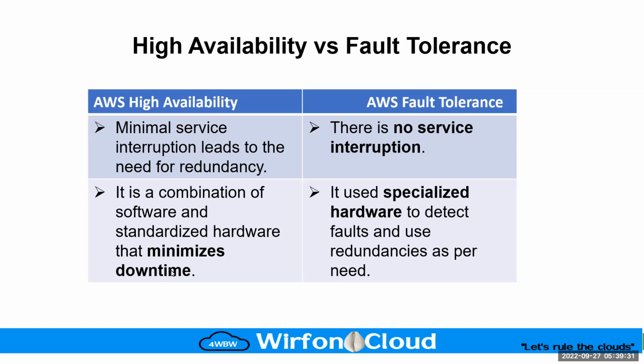If you didn't have the spare wheel, you would have to go somewhere else and buy a new wheel, or call someone or a certain service to come and help you change that wheel. And if you're far away from the main town, it's going to take a lot of time. But fault tolerance uses specialized hardware to detect faults and use redundancies as needed.